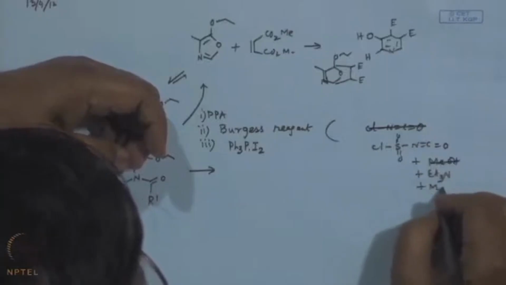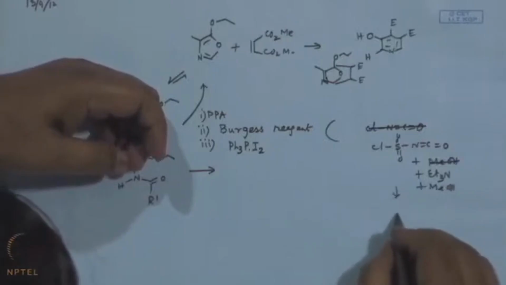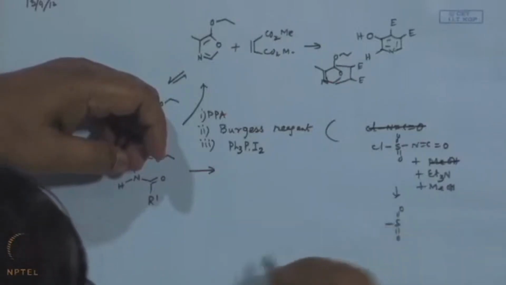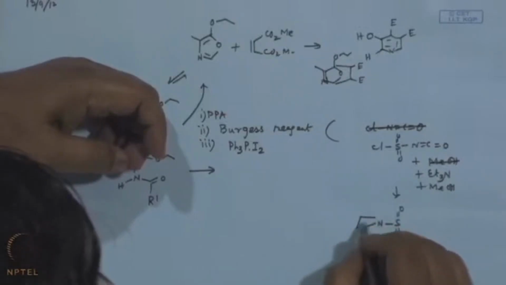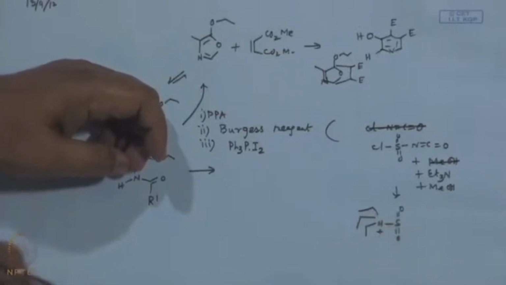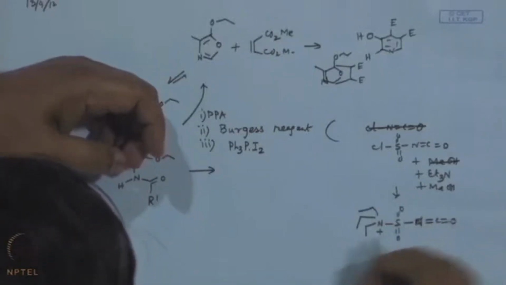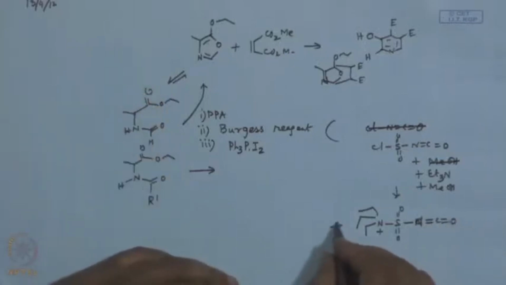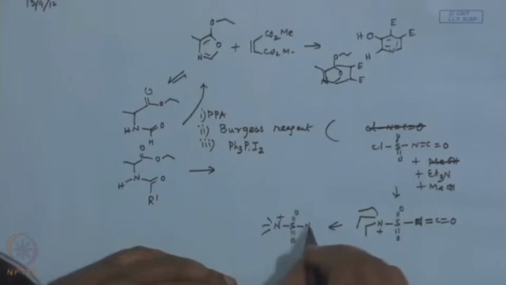triethylamine and then methanol. What you will see actually, the sulfone part is intact, the chloride is removed. So, you get a quaternary nitrogen here, and then NCO, and that goes to N plus.